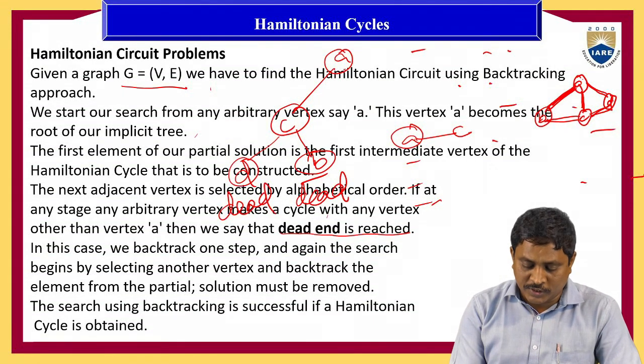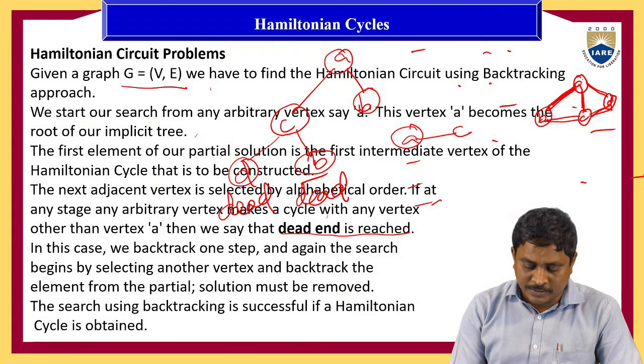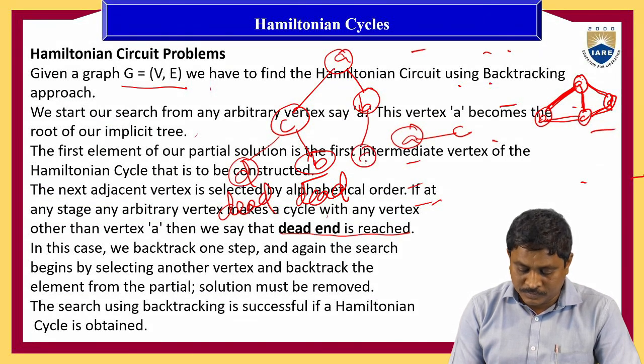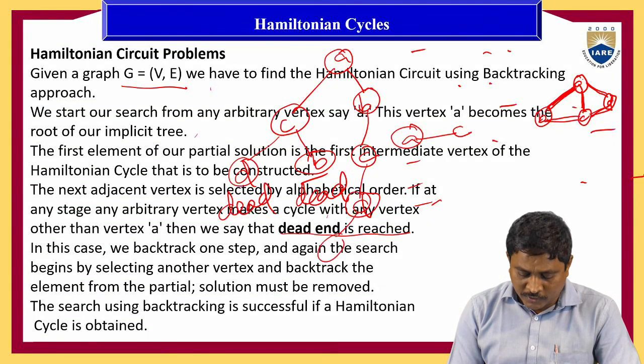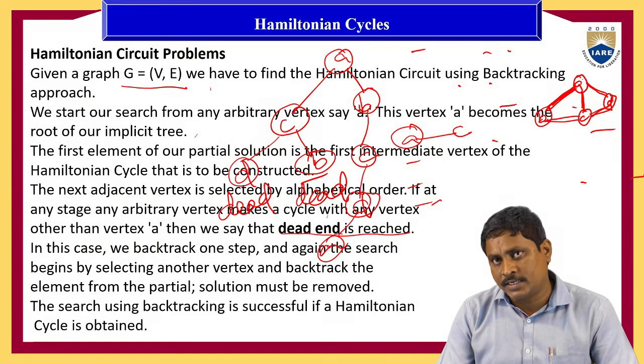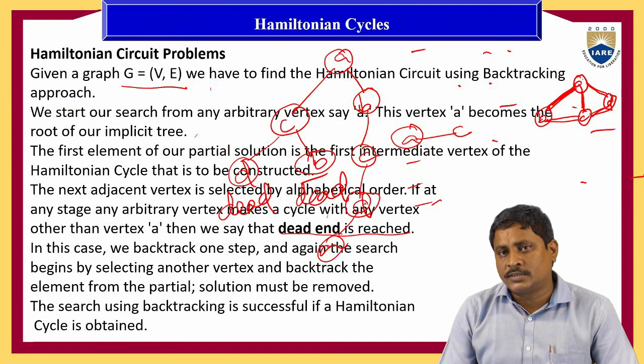Again come back to A to B, B to C, C to D, D and again back to A. Now it forms a Hamiltonian cycle. So in this case, the Hamiltonian cycle is constructed.